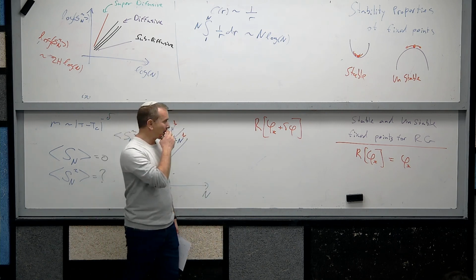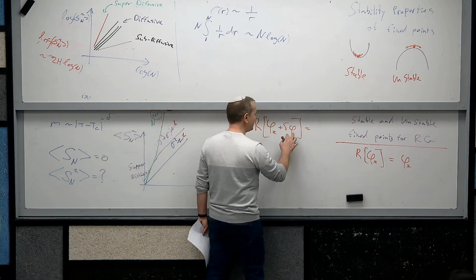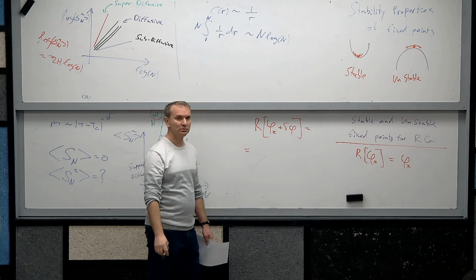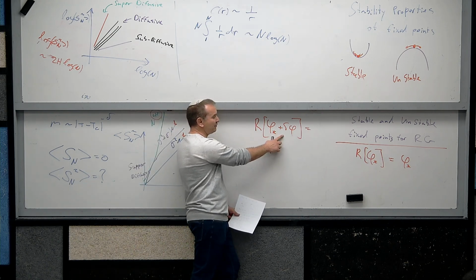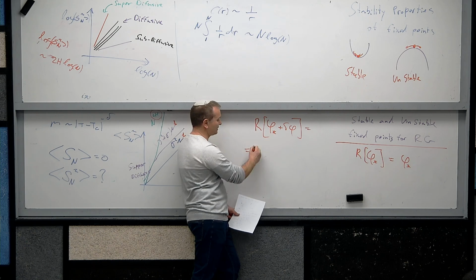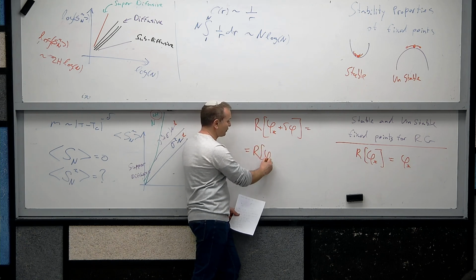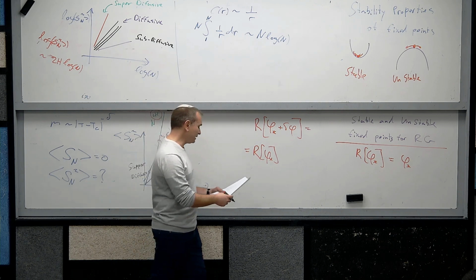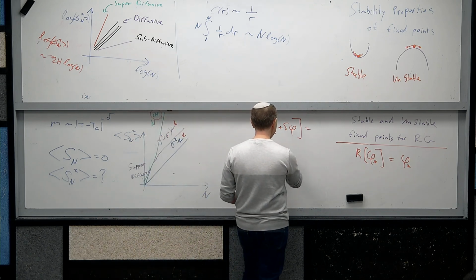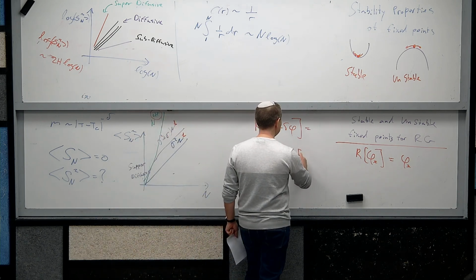The idea is, well, because delta phi is small, I can define it as R over phi star plus some specific linear operator that is applied to delta phi.